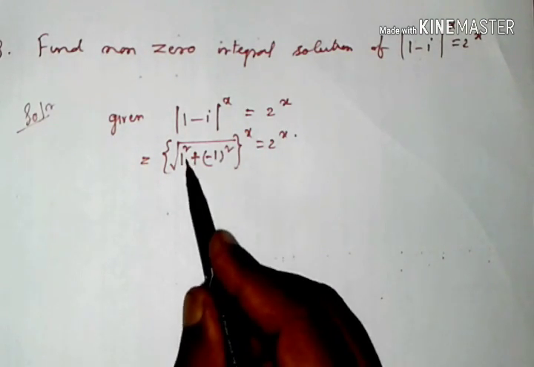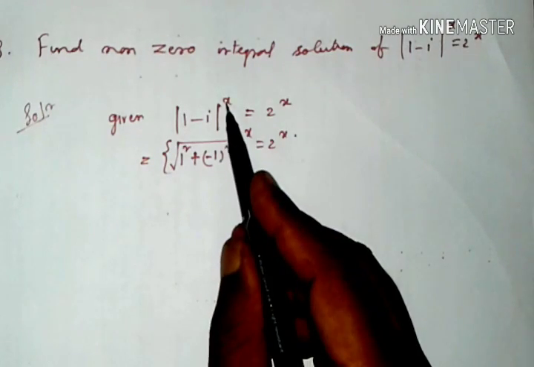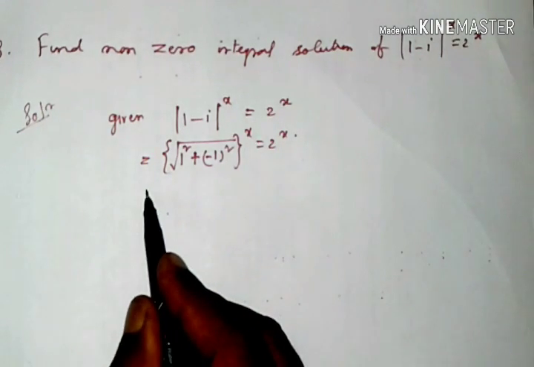The modulus is the square root of a square plus b square, and the power is x.